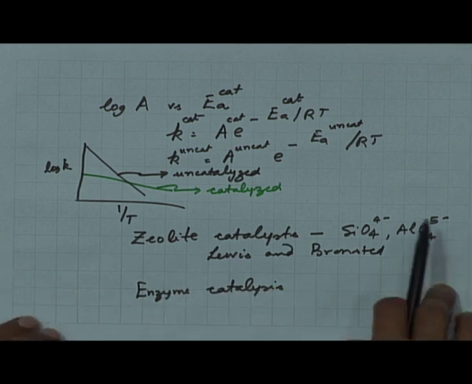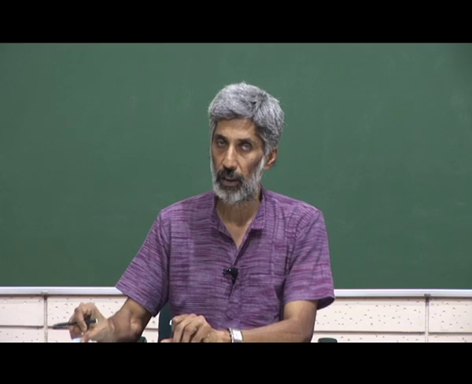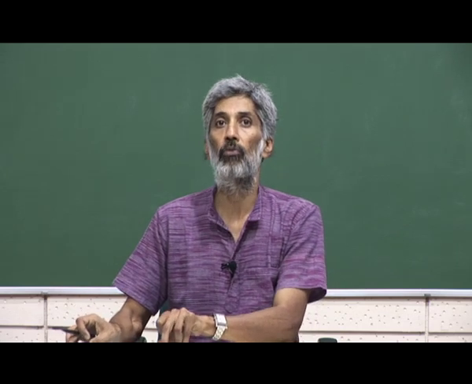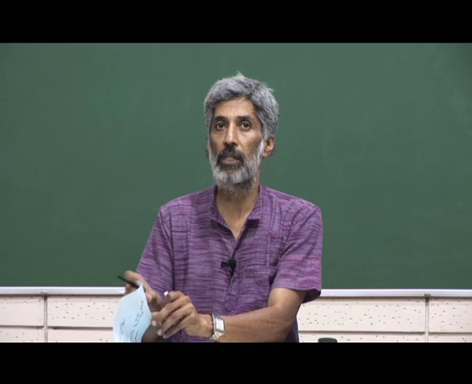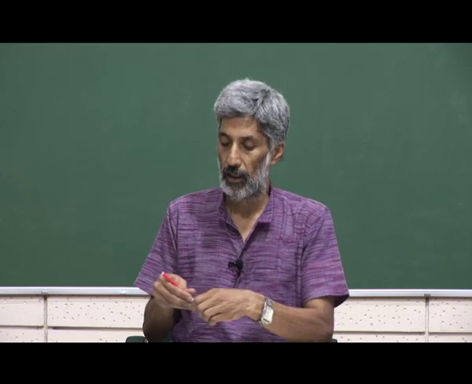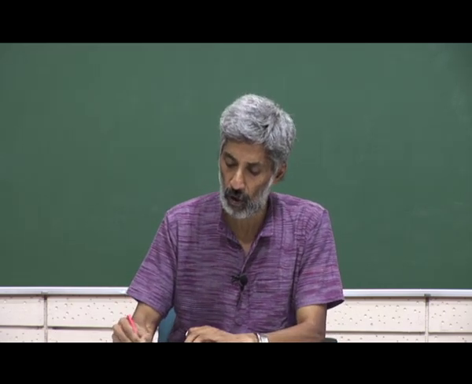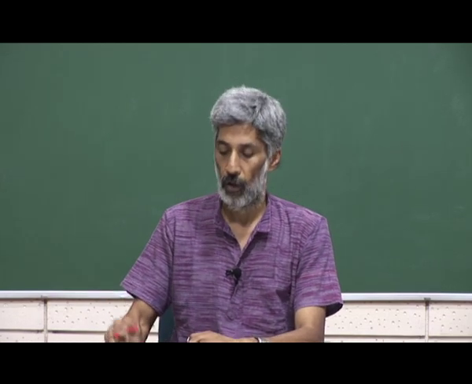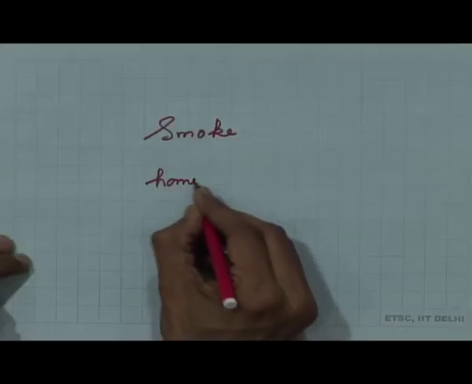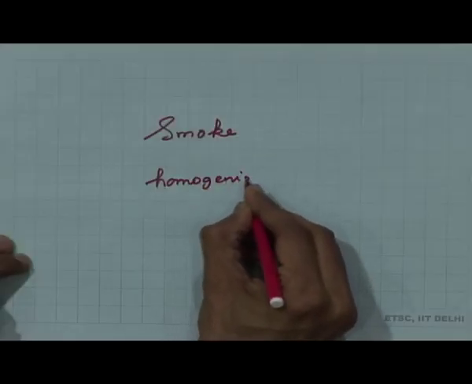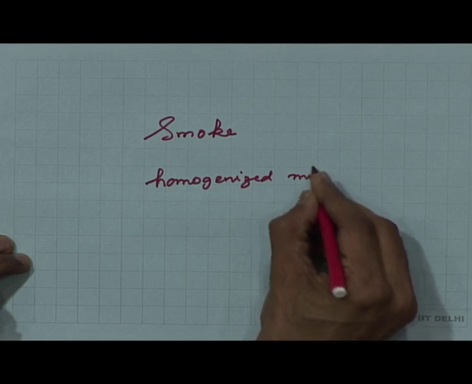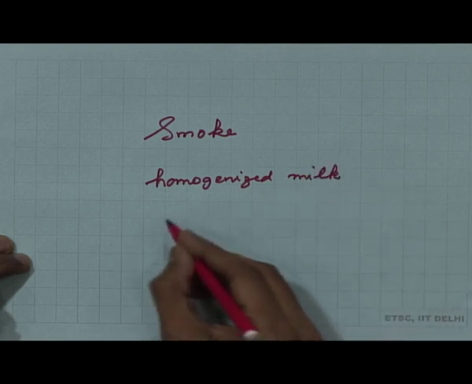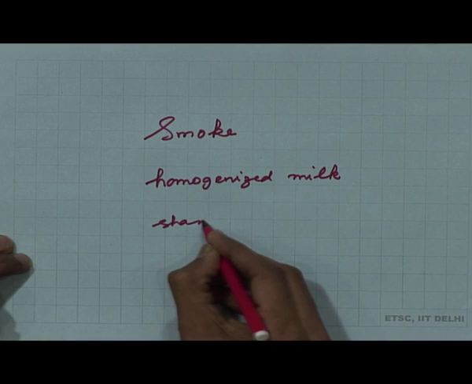So, with this recapitulation of what we discussed in the last class, we will now move on to something else, which is the last portion in this unit that we have got. So, let us start off by asking this question: what is common about smoke, homogenized milk, and shampoo?